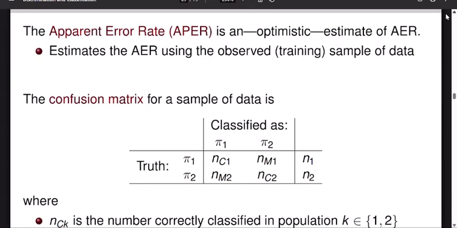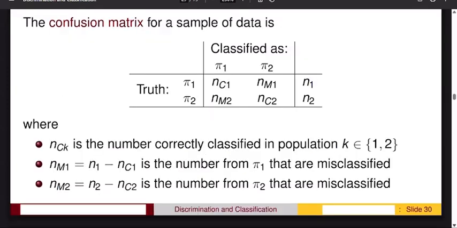Now, on the training, we estimate the AER using the observed training sample of data. This is going to be the confusion matrix associated. In this confusion matrix, I really want you to see the type one and type two error.